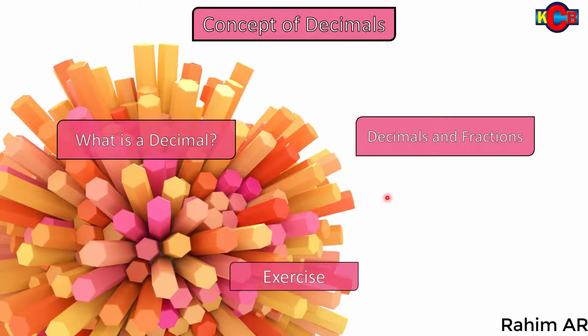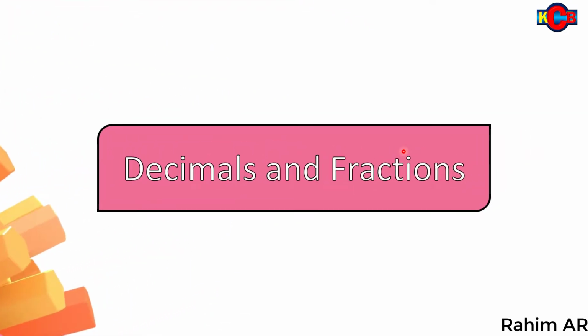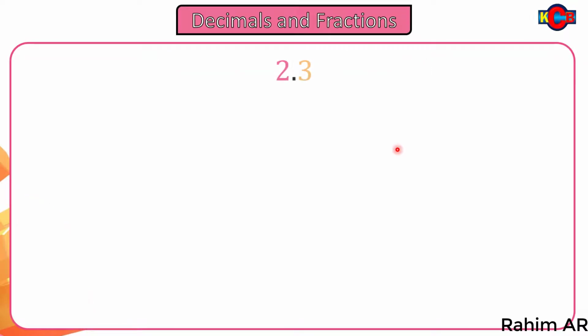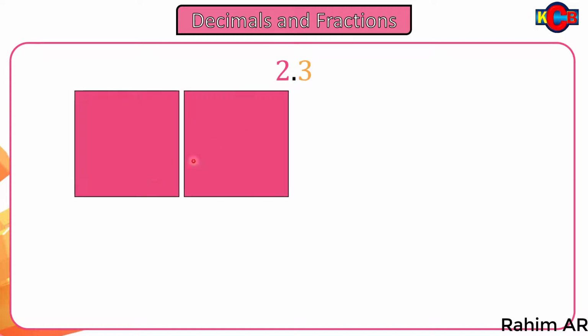Now, we will see the connection between decimals and fractions. Here we have 2 and 3 tenths, or 2.3, the casual way. Since we have 2 here, we have 2 squares. 1 square, 2 squares.